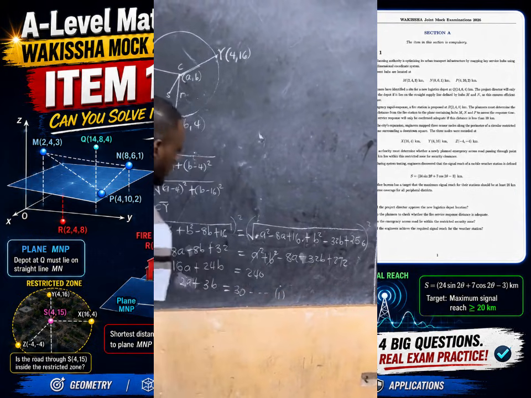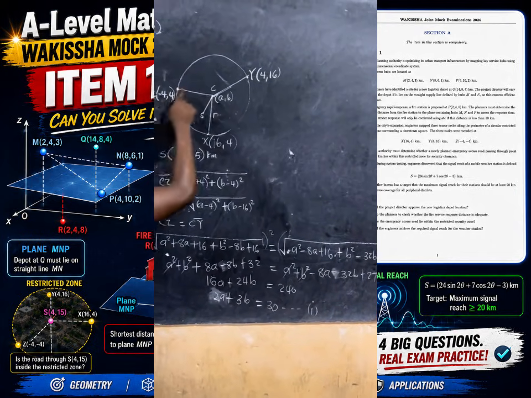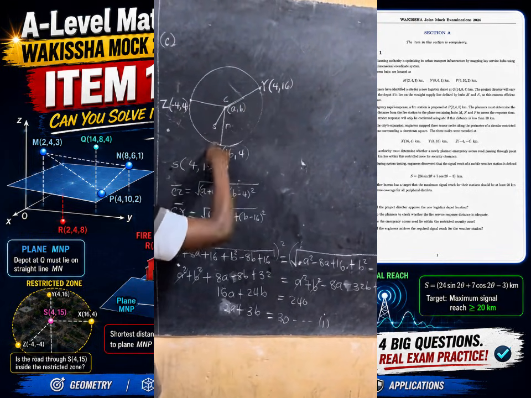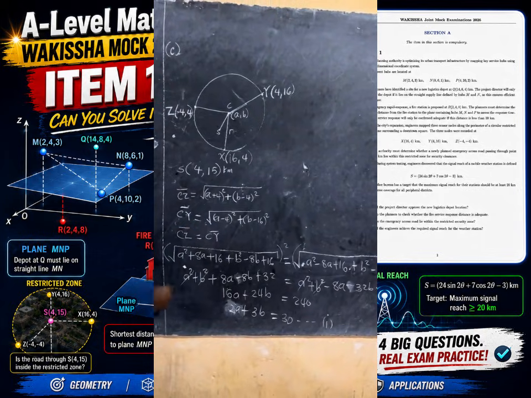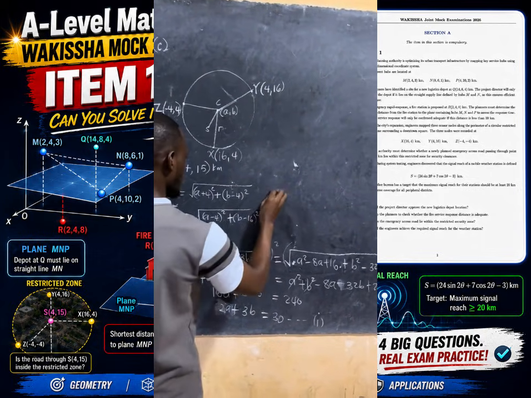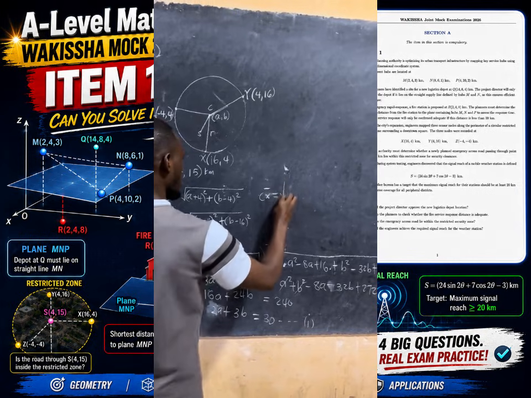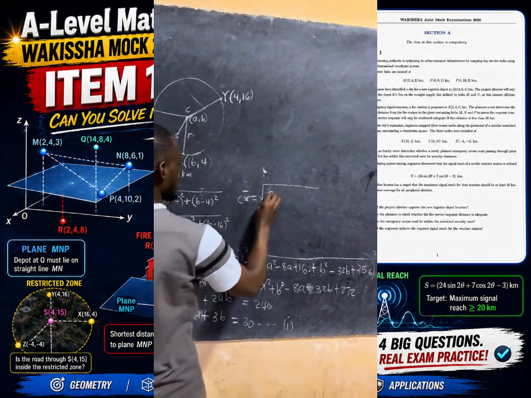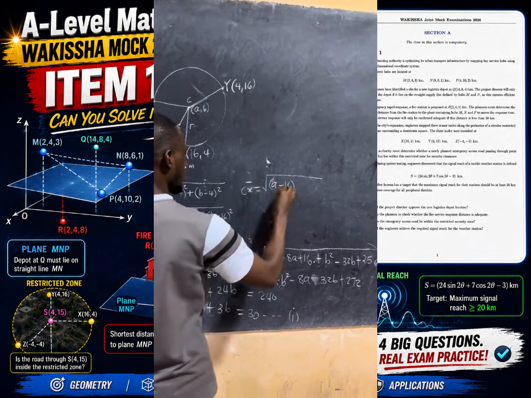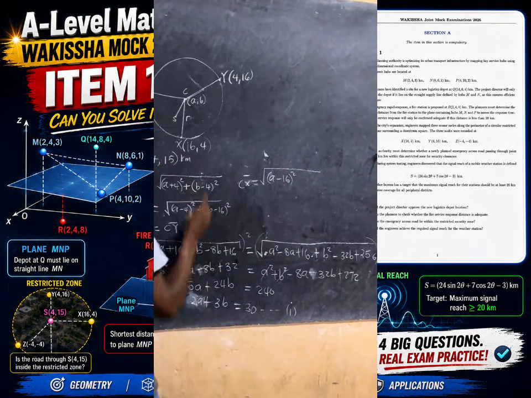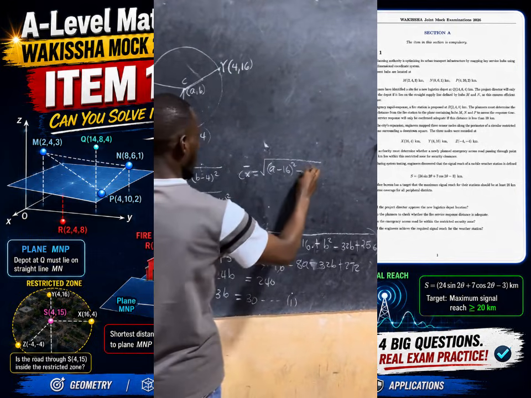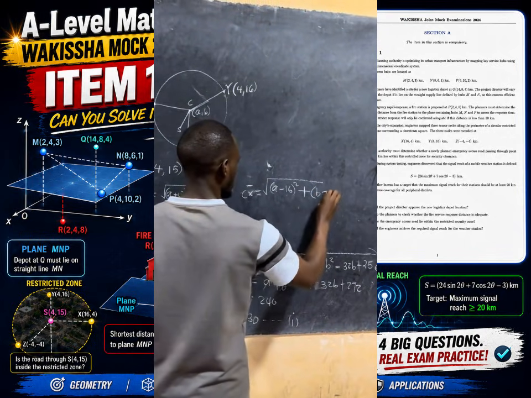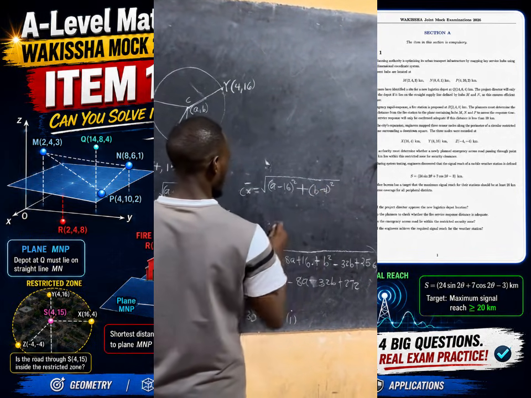This is equation 1. I said CZ is equal to CY, and I'm also going to get CX. I equate the two. CX is going to be the square root of (a minus 16) plus (b minus 4), all of it squared.